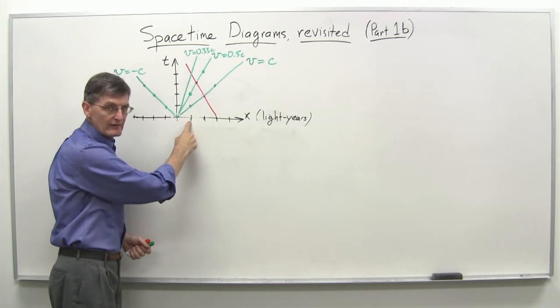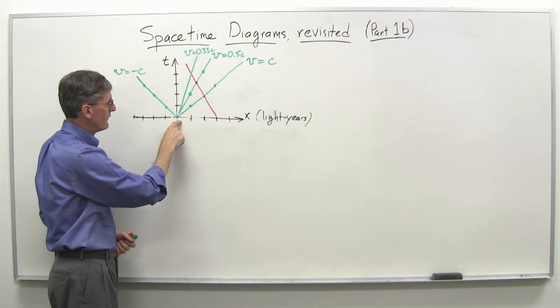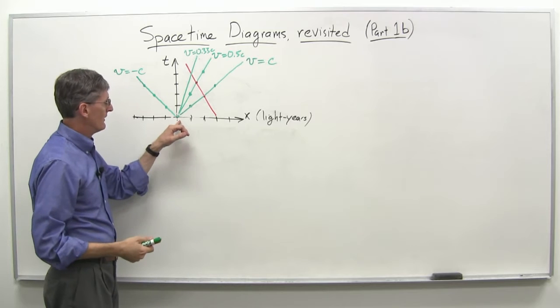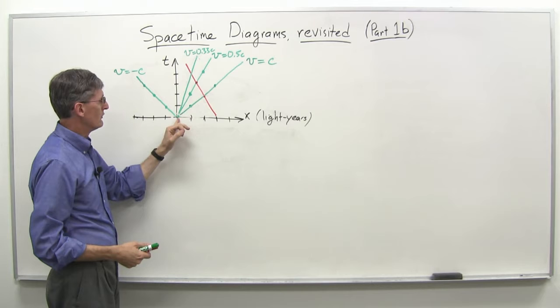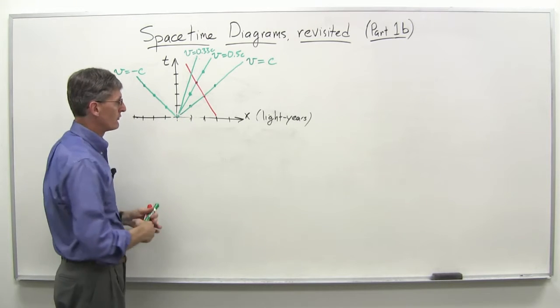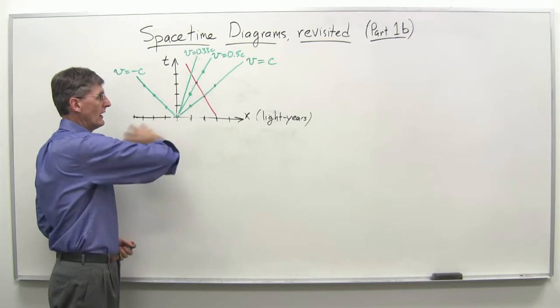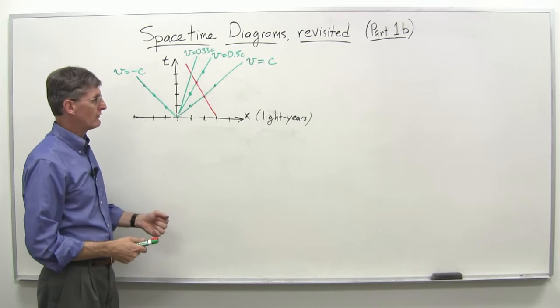If this is 1 light year, that's billions of kilometers, and therefore, if t was a year here, 2 years, 3 years, you'd just go slightly over on the x-axis. So we're talking about astronomical speeds here, speeds at appreciable fractions of the speed of light in our examples.